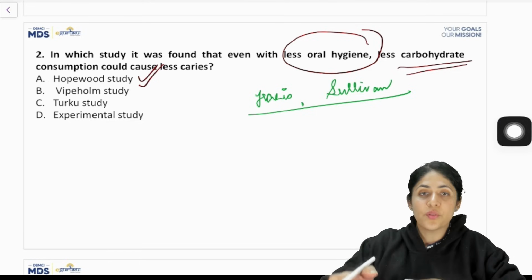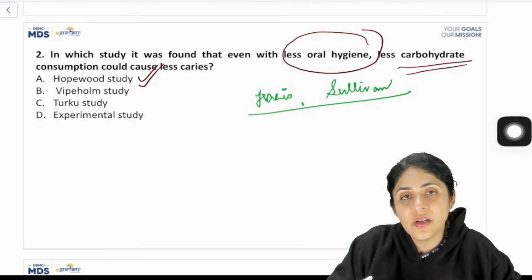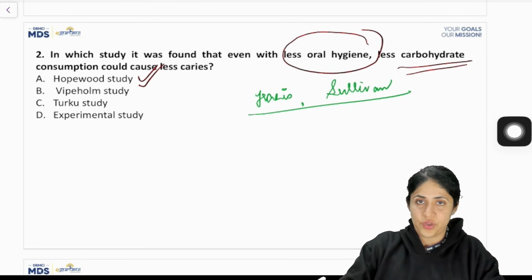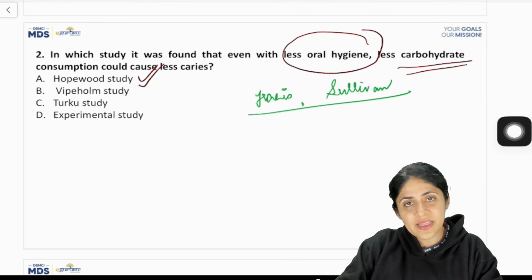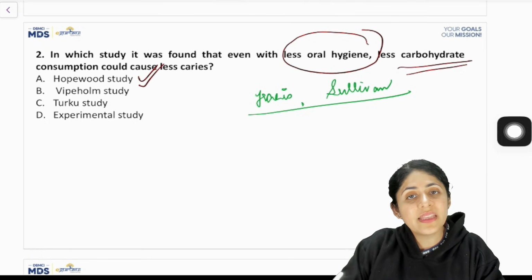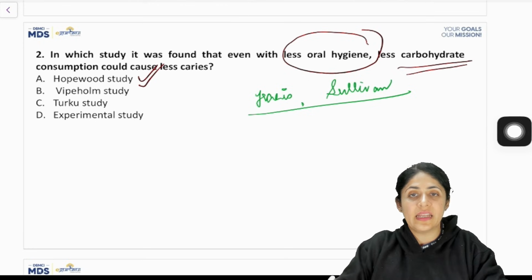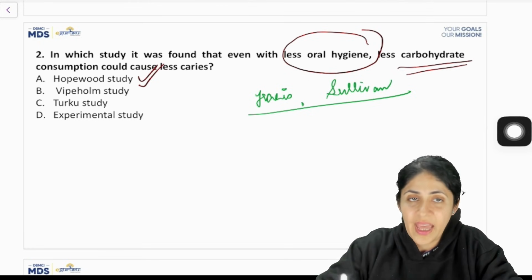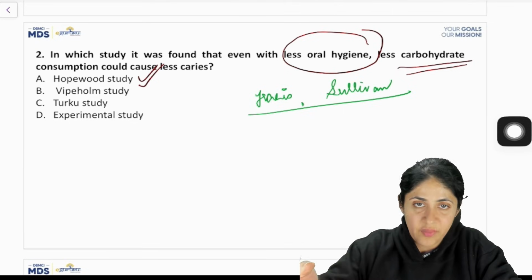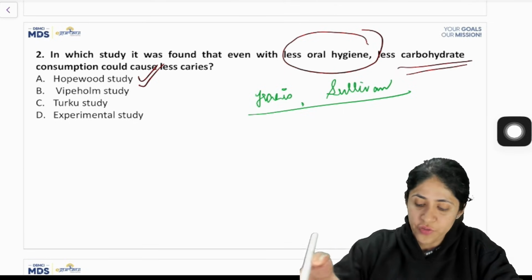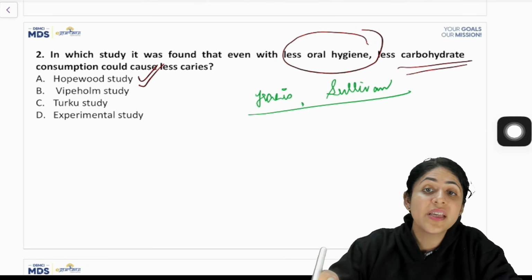What was Hopewood House basically? A millionaire had turned his house into an orphanage. The people in the orphanage were given a very restricted diet, very low in refined carbohydrate, and no meat was given. The fluoride in the water was insignificant.